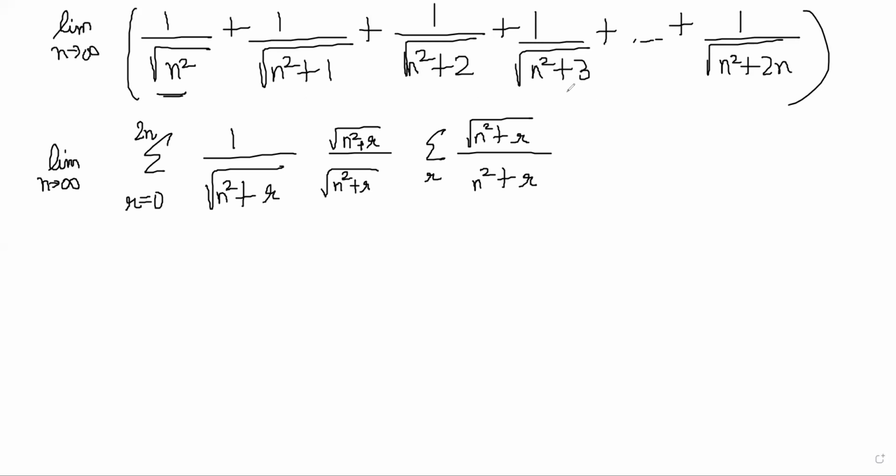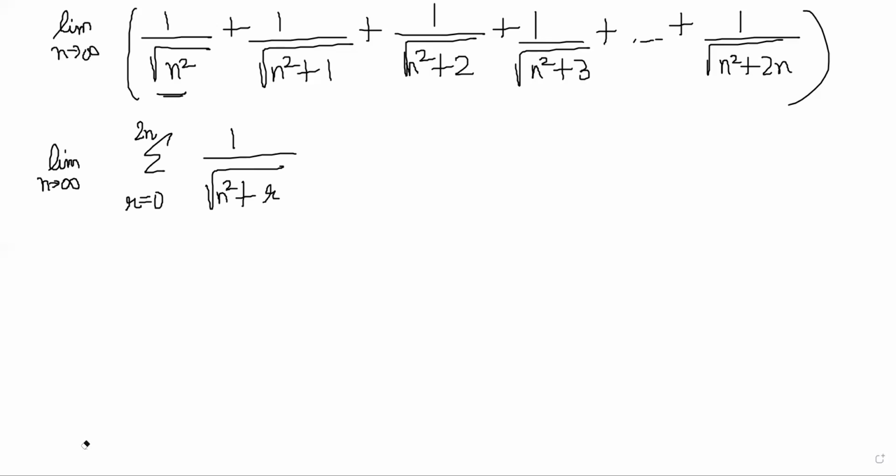Everything is smaller, so it will be some finite value. I mean, every term tends to 0, but there are many of them, right? This is 1 by n, 1 plus r by n squared.